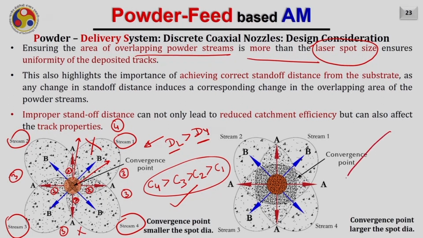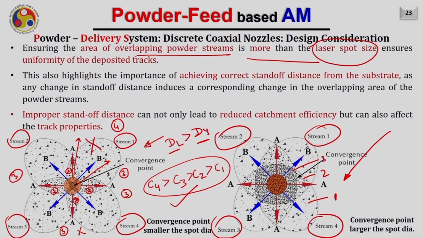So the desirable case is shown here in this diagram. Now you can see we have stream 1, stream 2, stream 3 and stream 4, and they are all getting merged in this zone. Let me rewrite it, this is the zone. This is the zone 1 where only one powder stream is there. This is the zone where two powder streams are merged, and this is the zone where three powder streams are merged, and this is the zone where four powder streams are merged.